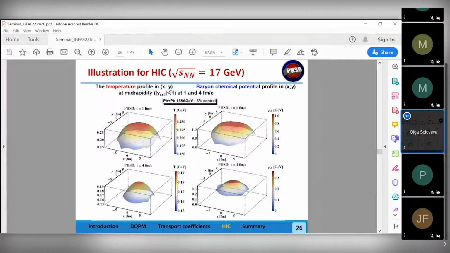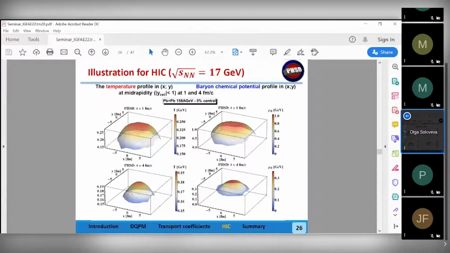For early times, we find that the temperature of the fireball is well above Tc. You can see it by the color. It is around 250 MeV, while for time equal 4, it drops down already to an average value of 0.18 GeV in the center of the zone.